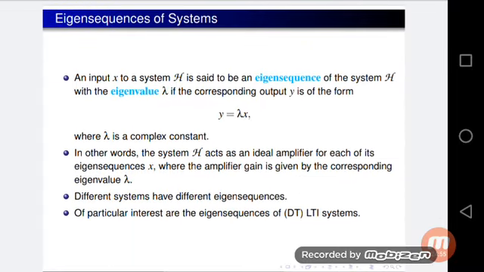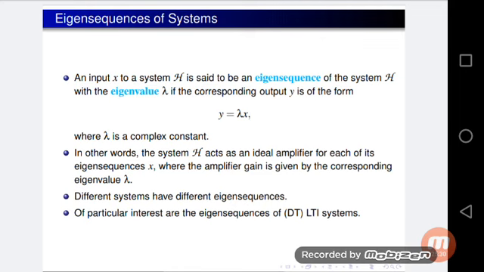The next one is eigensequences of systems. An input x to a system h is said to be an eigensequence of system h with eigenvalue lambda if the corresponding output y is of the form y equals lambda x, where lambda is a complex constant.